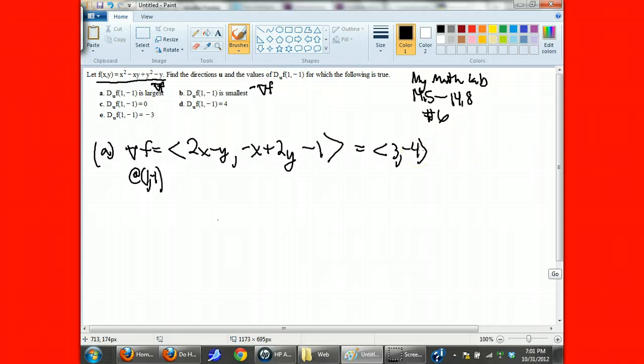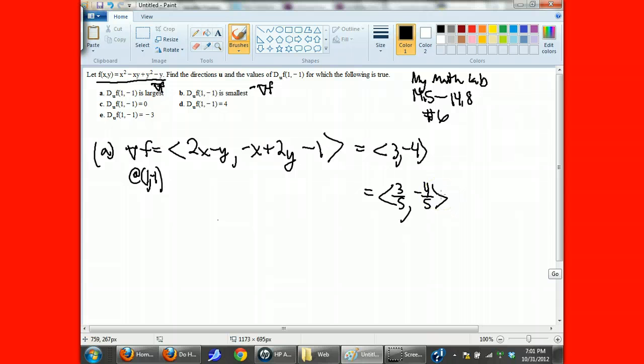Okay, it's not a unit vector, but u is meant to be unit. We can easily turn it into a unit vector by dividing by the magnitude. What's nice is that the magnitude is a nice integer here, 5. 3, 4, 5. So the answer would be 3/5, negative 4/5.